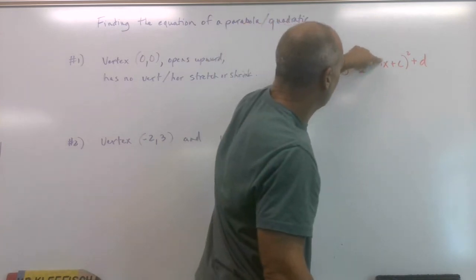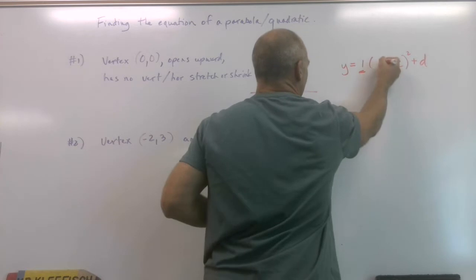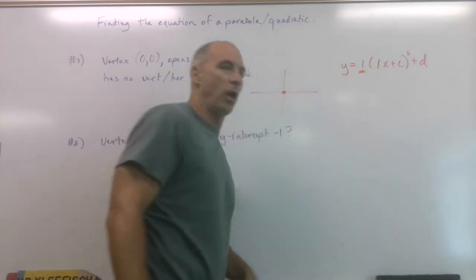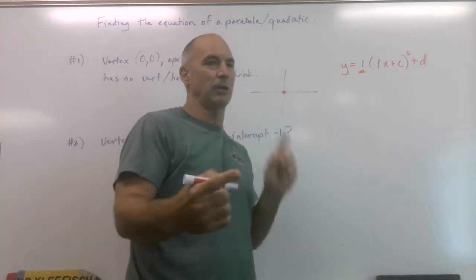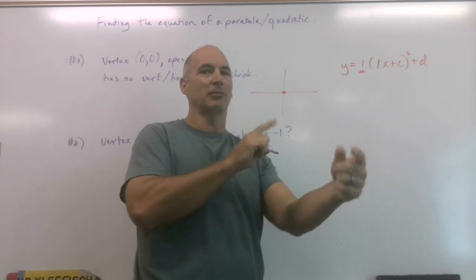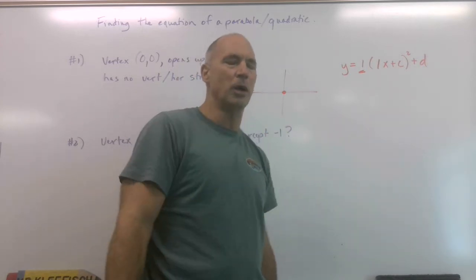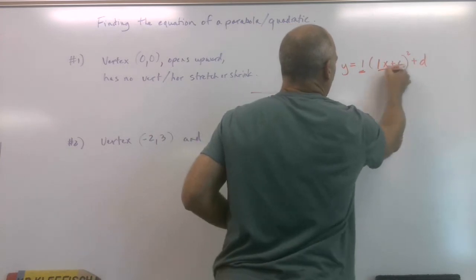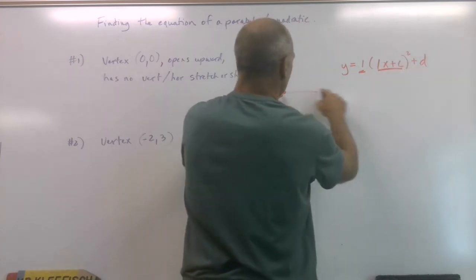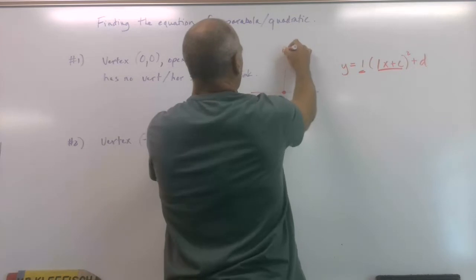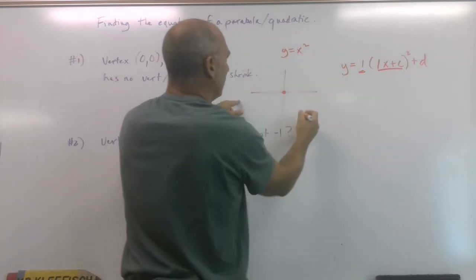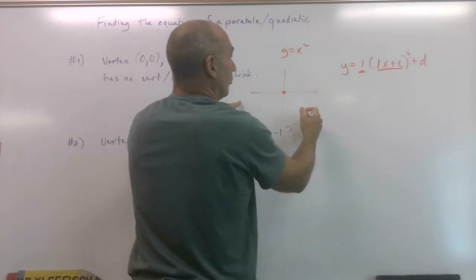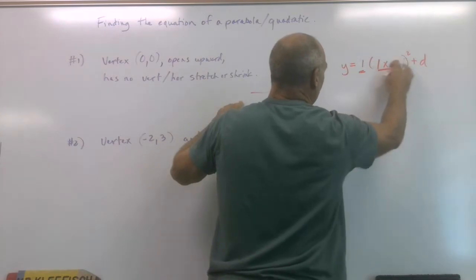Unless we have a whole lesson on that, it's just going to be 1. Sometimes it can be negative, and that will reflect it over the y-axis, but it doesn't seem to pop up too much. What we're going to be concerned with is, did the vertex move to the right of what we would call the parent function at all? Not at all. So that means there is no C.